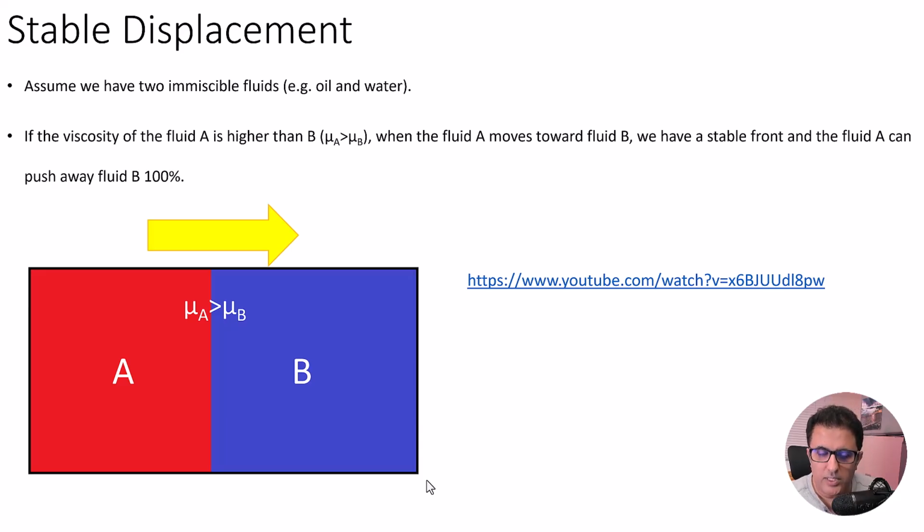And now consider two different scenarios. The first scenario is that assume that the viscosity of A, where mu is viscosity, is greater than B. Like A is oil and B is water. And now what you see here, the fluid A pushes the fluid B or displaces it.